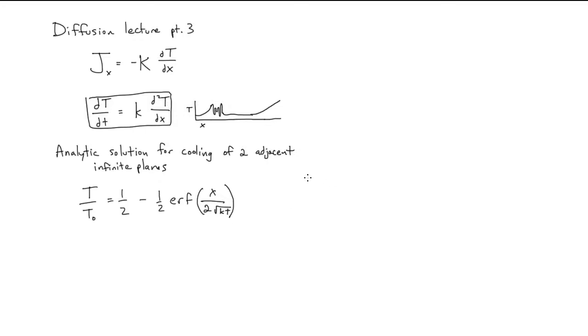So here, let's define T naught. T naught is the difference in initial temperature. We're putting these two bodies together. Let's say we've got body A, body B. This is temperature, this is distance.